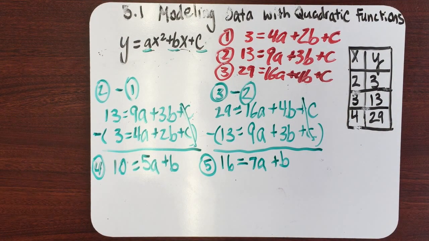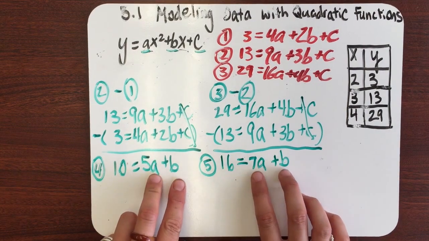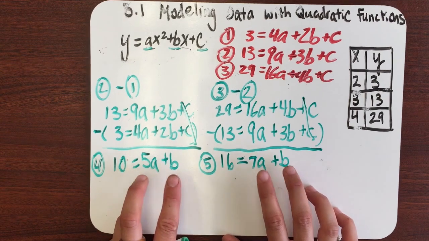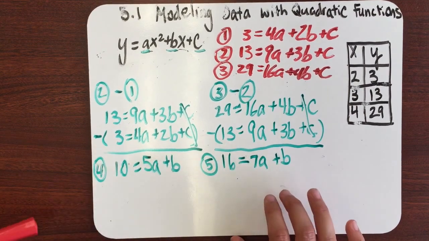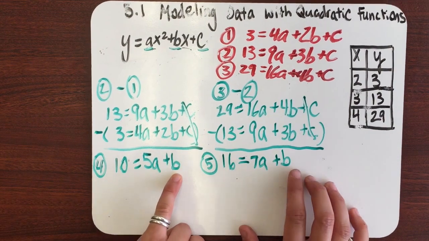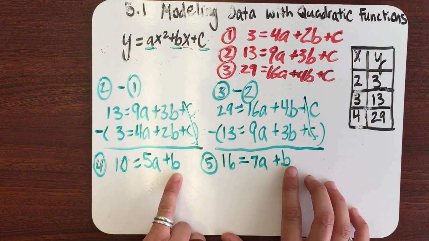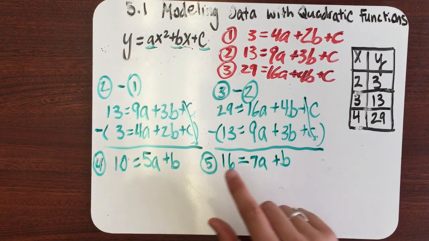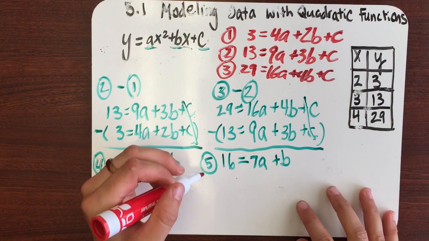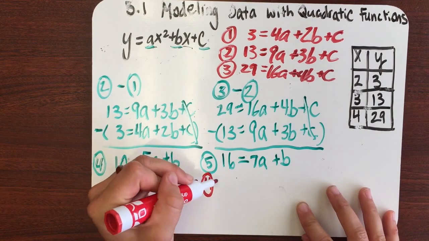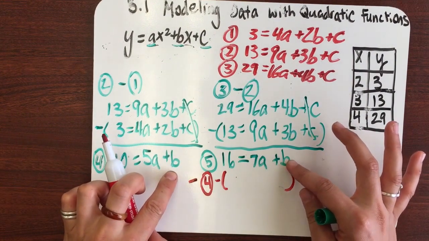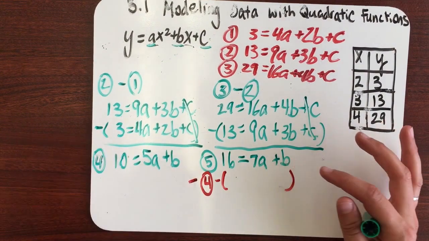So now we have two equations with two unknowns, the same two unknowns, a and b. So what we're going to do is we're going to either eliminate a or b. So in this case, it's going to be easier to eliminate your b because we can just subtract the equations. So we could do equation 5 minus equation 4. Because b minus b will cancel out and we'll eliminate the b's.